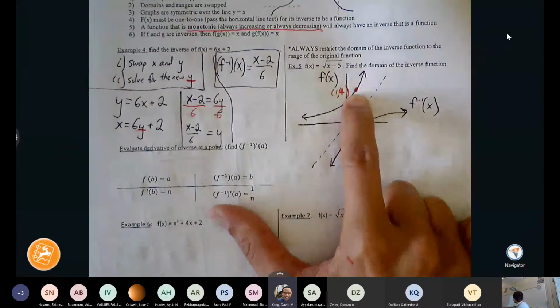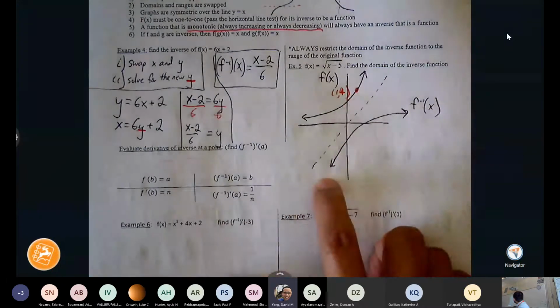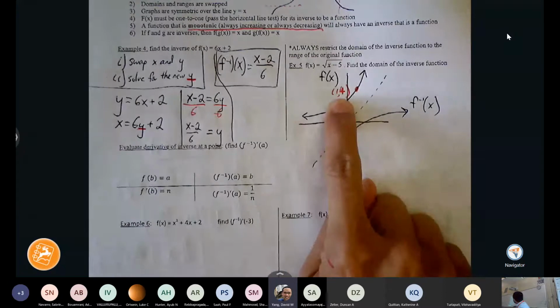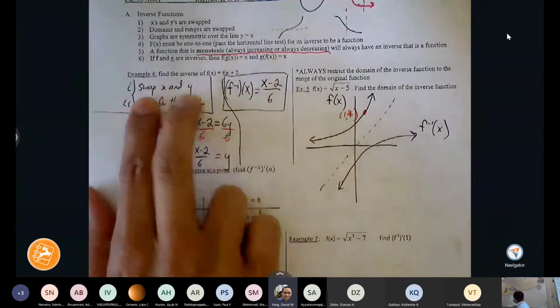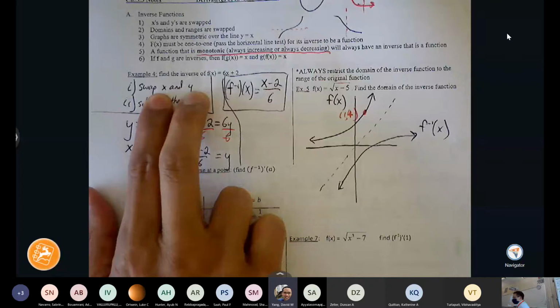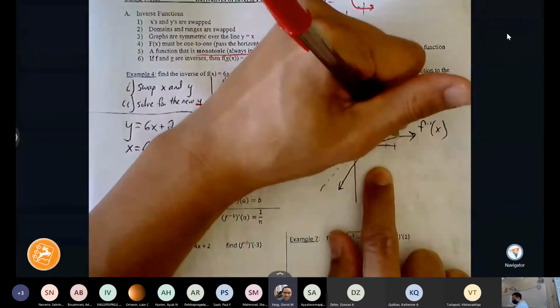So if there's an ordered pair that is 1, 4 on the function, guess what ordered pair has to live on its inverse function? 4, 1. All we do is just swap the x and y. So just 4, 1, right? So here you can imagine this: 1, 2, 3, 4, 4, 1.